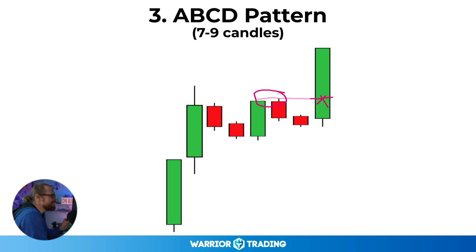So this is the apex of this pattern. I want to see that break, and then I still set my stop at the low of this latest dip. So generally with this, the distance from the entry to the stop is a little bit larger, but the good news is when these ABCD patterns work, you get even more buying volume.